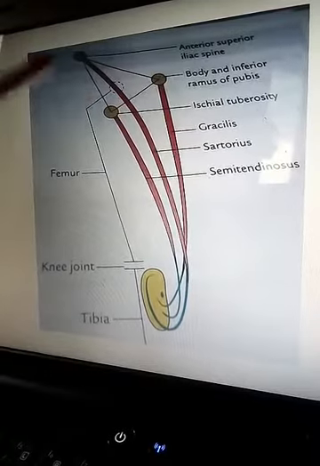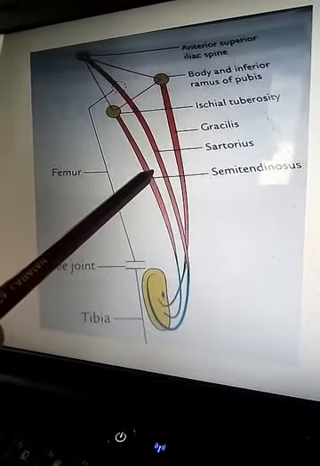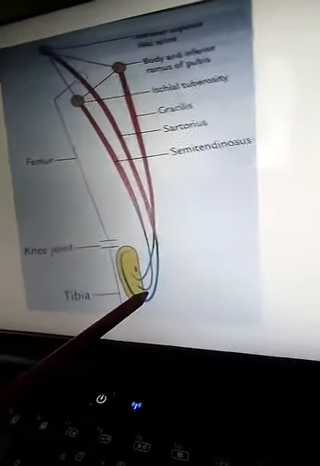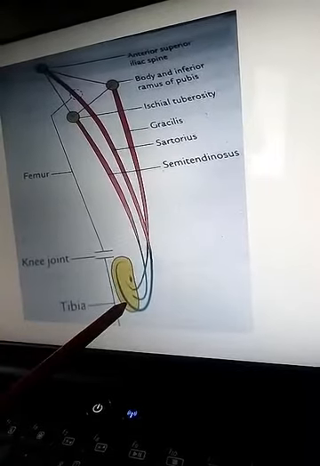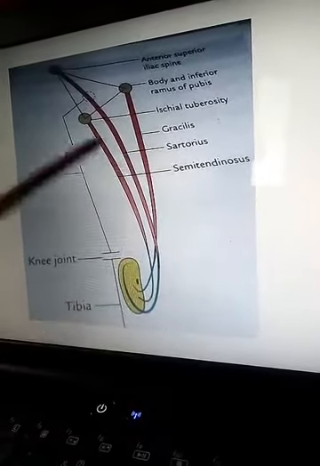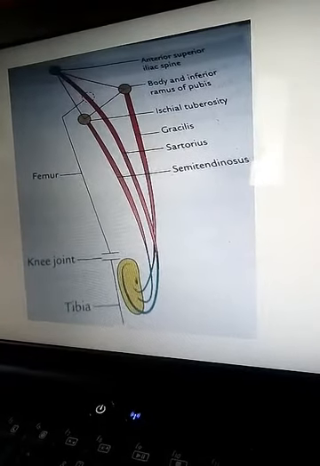Guy ropes: the lower ends of sartorius, gracilis and semitendinosus are attached together on the upper part of the medial surface of the tibia, but above they are attached wide apart from each other on the hip bones.